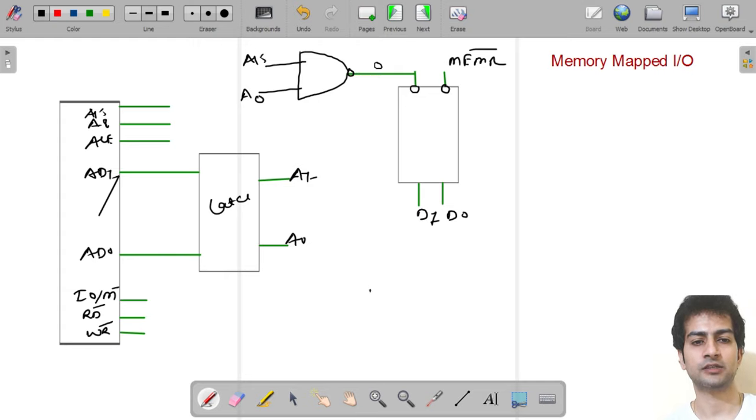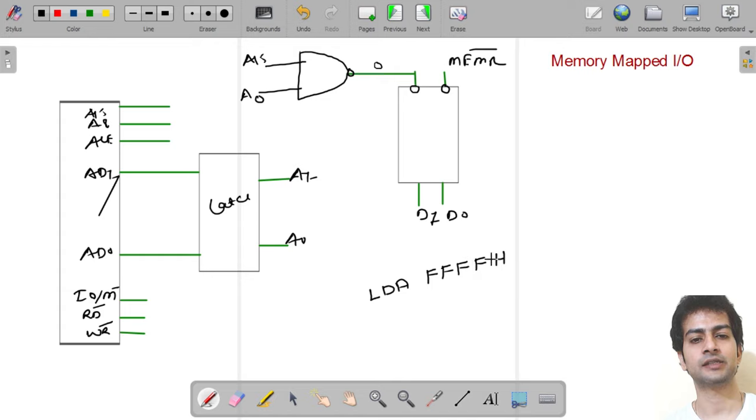Suppose we have an instruction LDA 16-bit address, and let the address be FFFFH. We will look at all these instructions in the coming sessions, but for now just know the meaning of LDA 16-bit address. It states that load accumulator with data present at the 16-bit address.